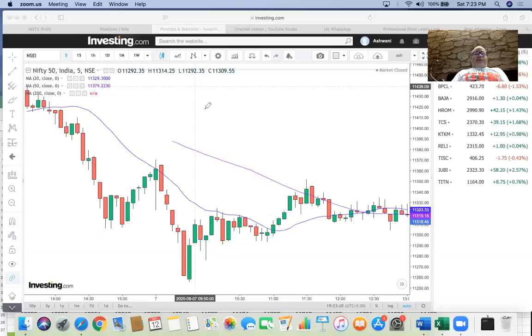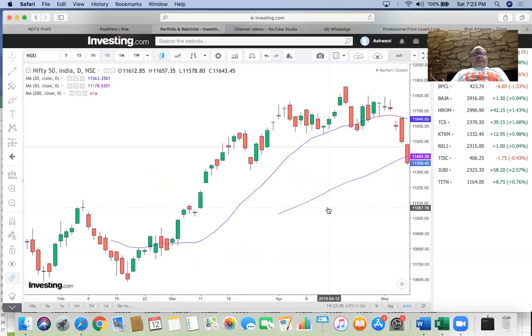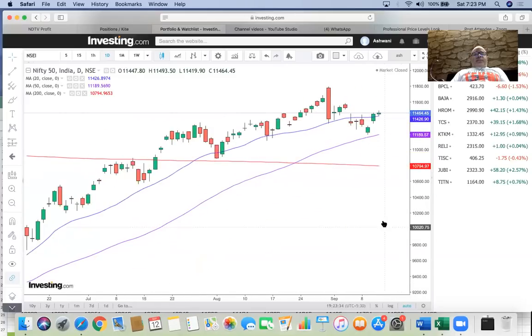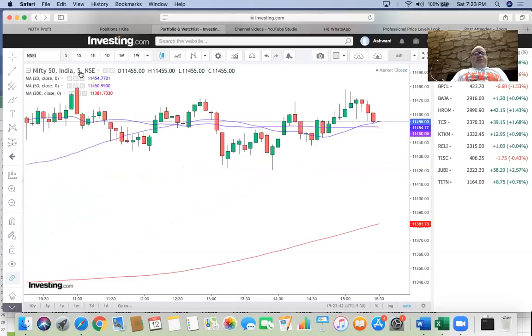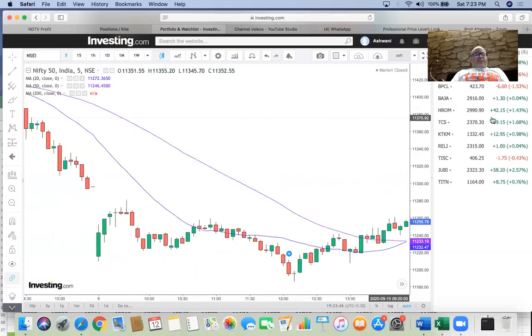So this was one example. Second example was this day, I think 9th of September. So again, 8th of September, we closed lower.